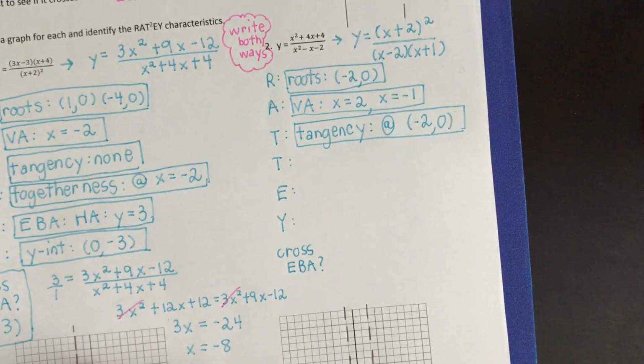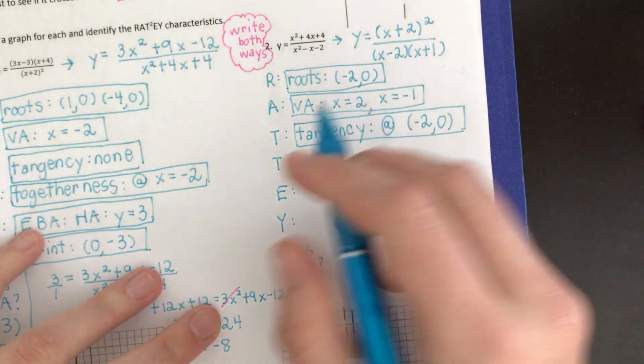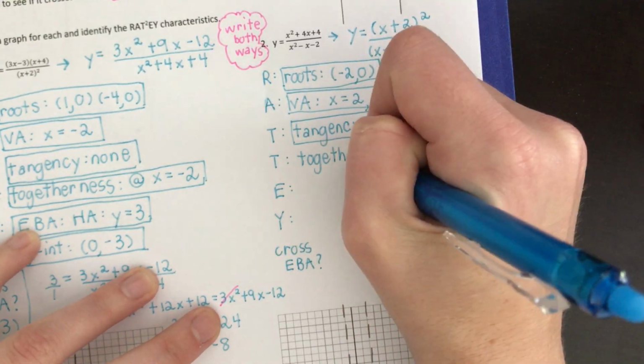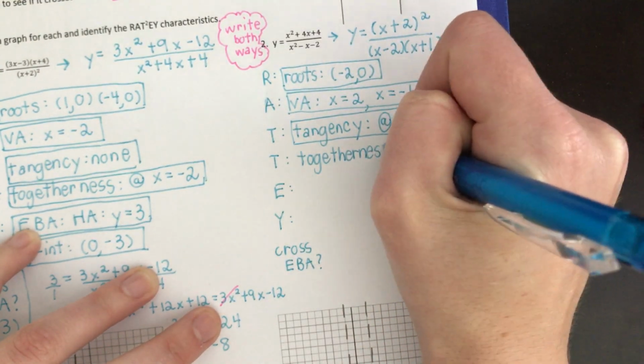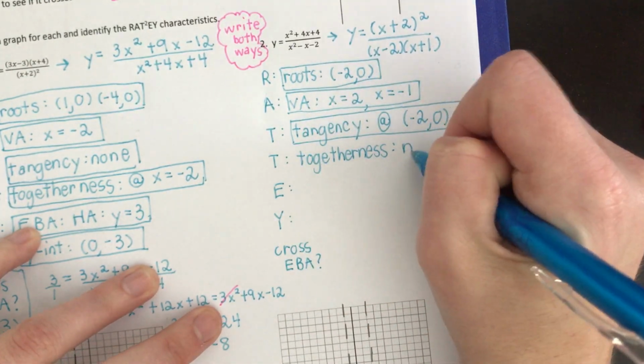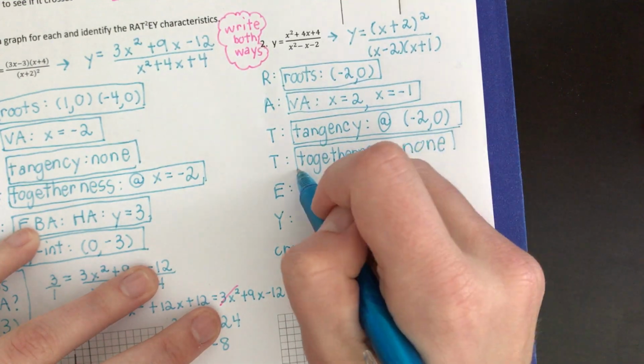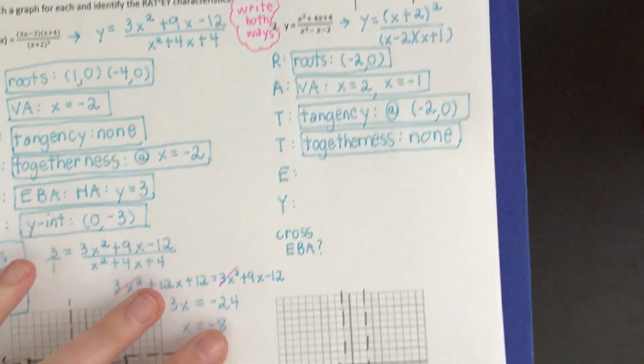So we know this will be some kind of bounce, whether it bounces like this or bounces like that, we'll see. Okay, togetherness, there's none, because we don't have any factors squared in the denominator.